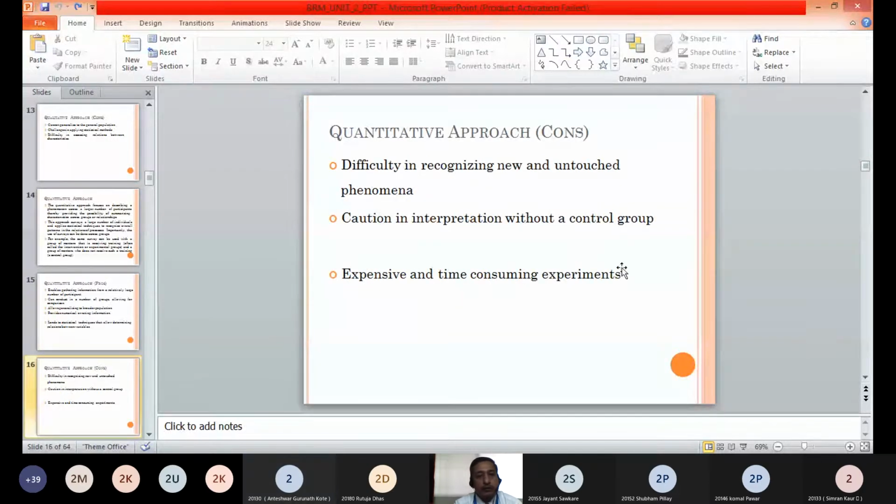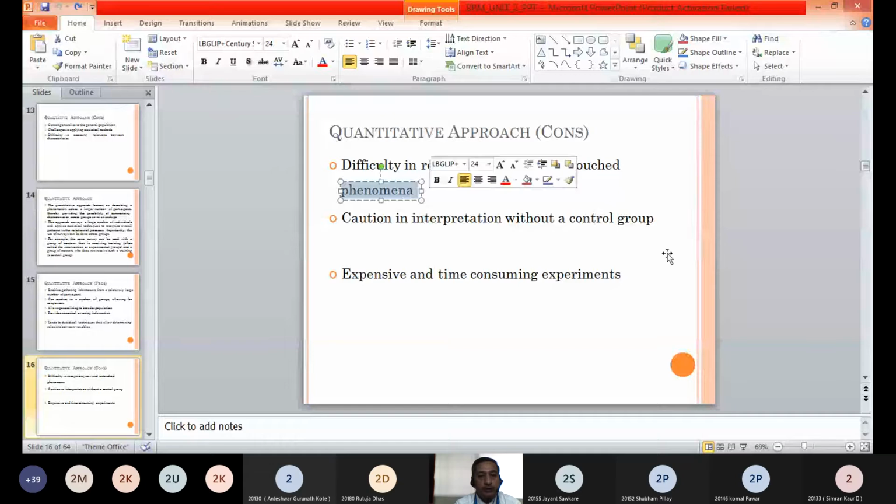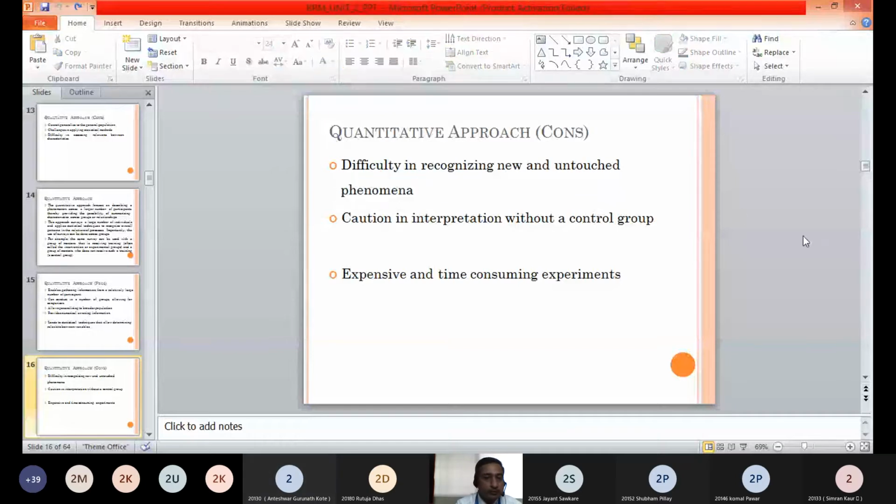So the different cons, or the disadvantages or limitations we can say, of this quantitative approach is the difficulty in recognizing new and untouched phenomena. This was the advantage of the qualitative approach. In the qualitative approach, it helps you understand and get into the details, and explore new or untouched phenomena or problems.